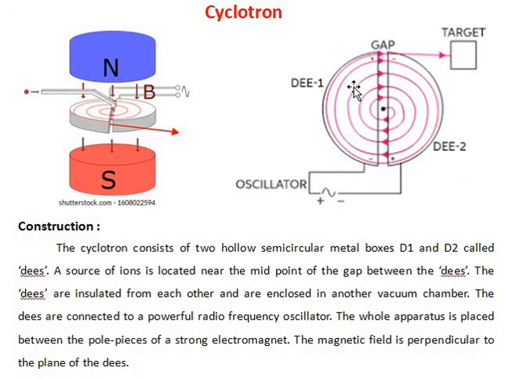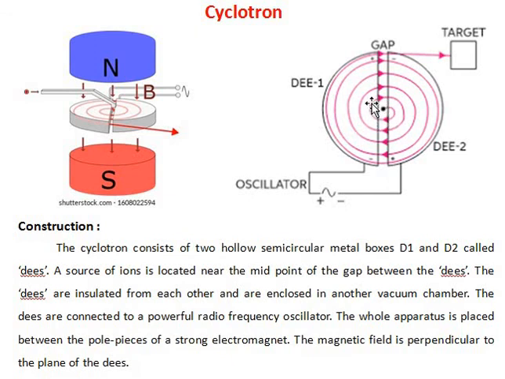That time D1 becomes positive and D2 becomes negative, so D1 repels it due to positive charge, and D2, being negatively charged, attracts it. So it again makes a circular motion.